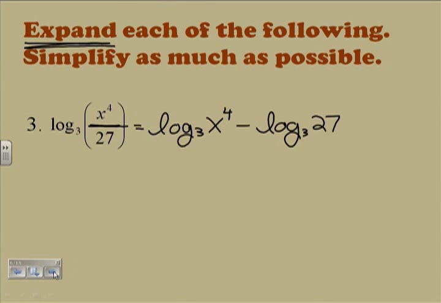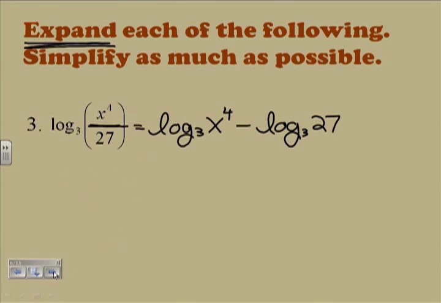Hey, you might have said, why didn't she bring that exponent out in the very beginning? The reason I didn't is that that exponent is only applied to the x that's sitting up in that numerator. If it had been x over 27 raised to the 4th, all of it, then I could have brought that out. But since it was not applying to the 27, it was wrong if I would bring that out, okay?